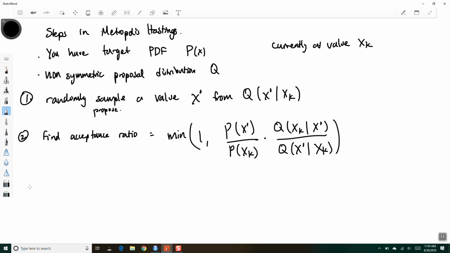And then sample U from uniform 0, 1 to decide whether or not to accept the move.